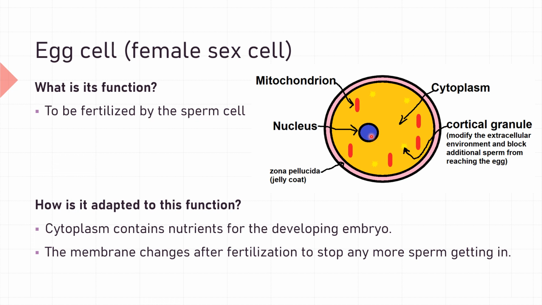Of course, because you have heard about twins and everything, sometimes even more sperm can enter. But the zona pellucida, or jelly coat, will change its structure when one sperm cell enters, so that the rest of the sperm, when they come to the egg cell and try to go inside, will not be able to.